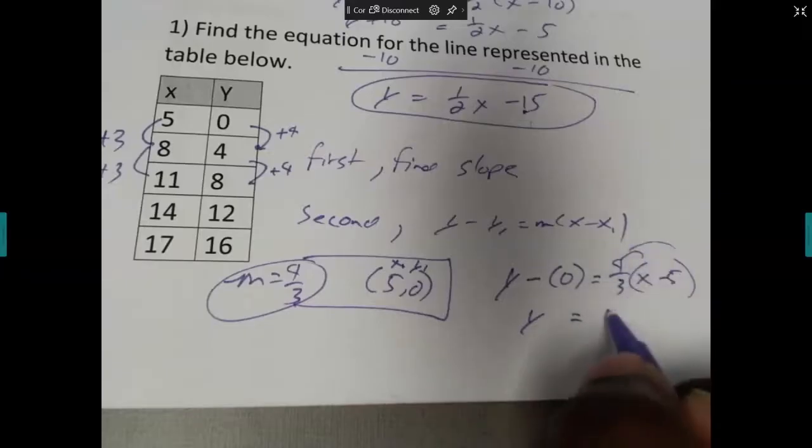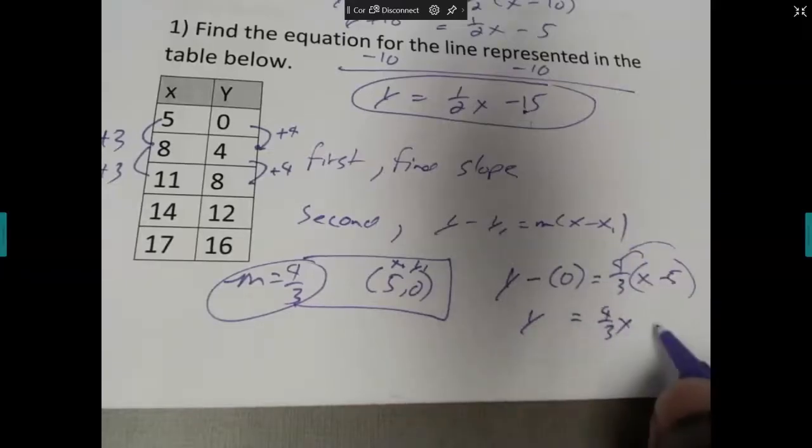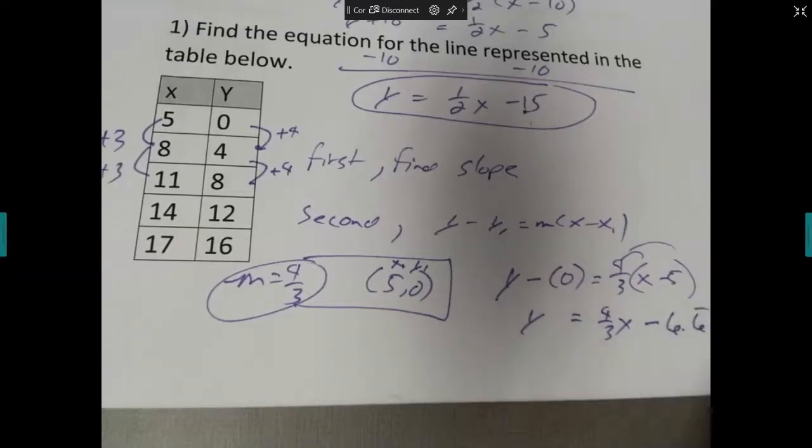And distribute this, you get 4/3 x subtract. Plug in your calculator, you're going to end up getting a decimal, which is 6.6 repeating. I'm going to call it 6.67. And that doesn't look very good, so make it look a little better.